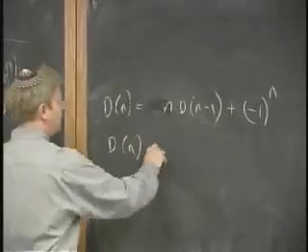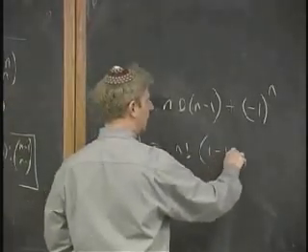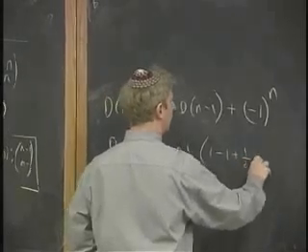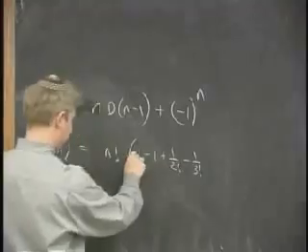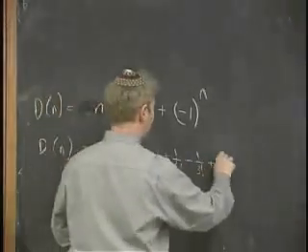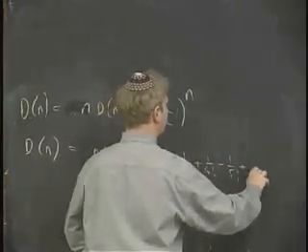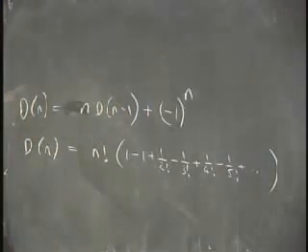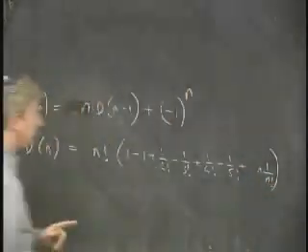If you remember, here's what we got for d of n. We got that d of n equaled n factorial times 1 minus 1 plus 1 over 2 factorial minus 1 over 3 factorial plus 1 over 4 factorial minus 1 over 5 factorial, etc., up to 1 over n factorial.